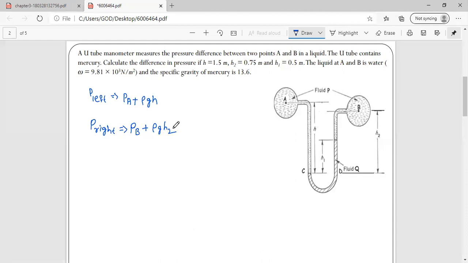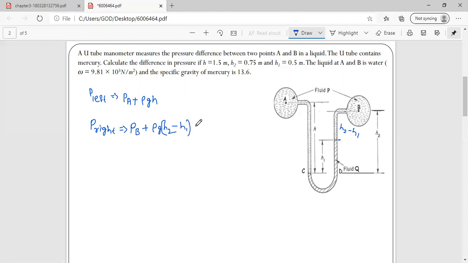So whatever the fluid height is, up to here, you have to write a variable. What is this height? The total height is H2, then it is H1, so it is H2 minus H1. So I can write it as rho g into H2 minus H1.